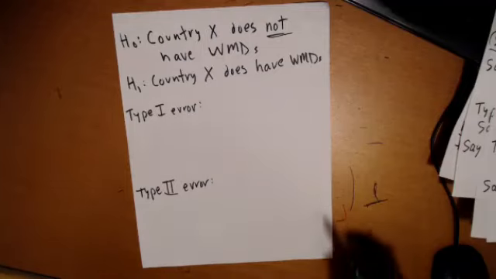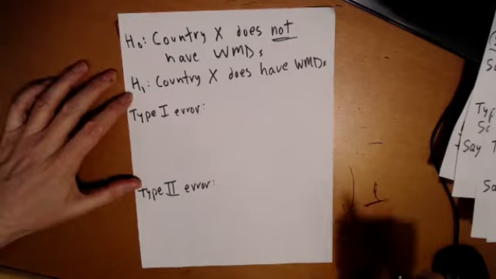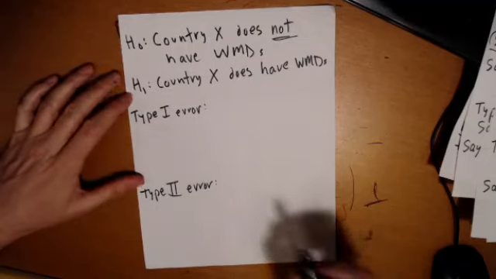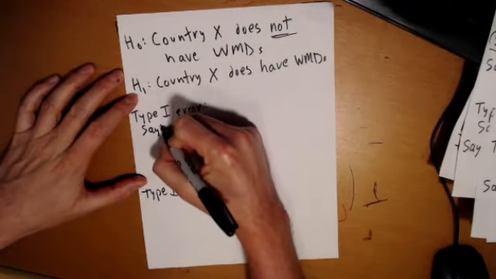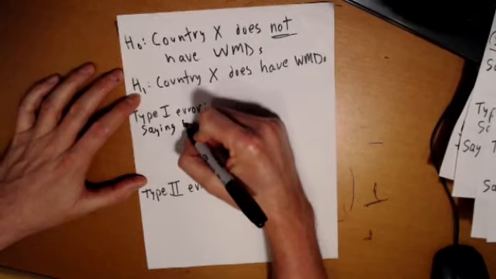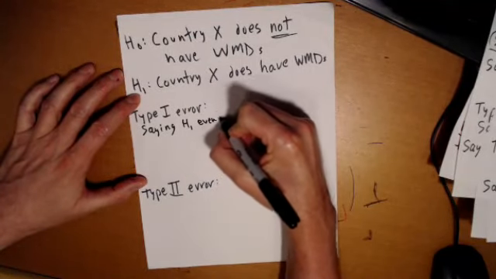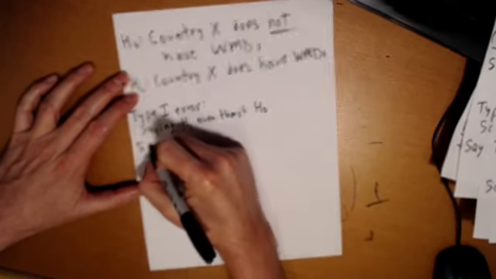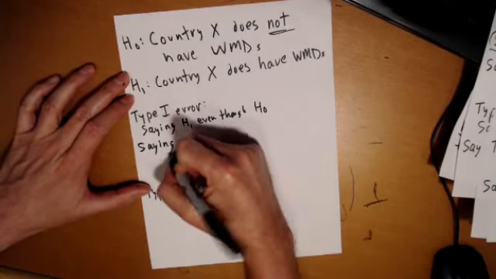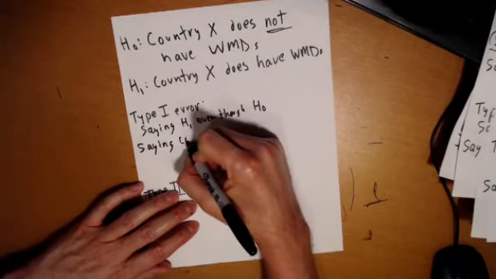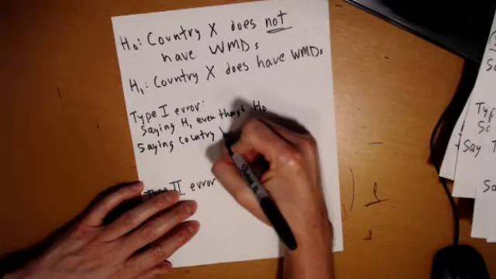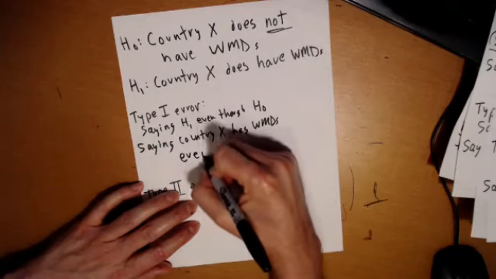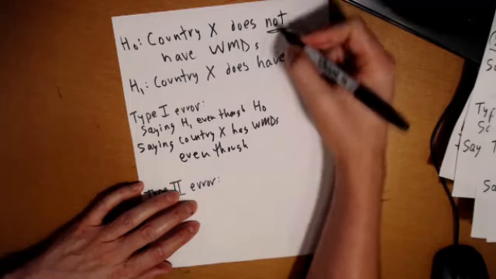Okay, so the type 1 error. Maybe, again, pause, try and see if you can get these on your own. No pause? Fine. So type 1 error is saying H1, saying the alternative, even though the null is true, even though H0. So type 1 error is saying country X has WMDs, even though the null, it does not.